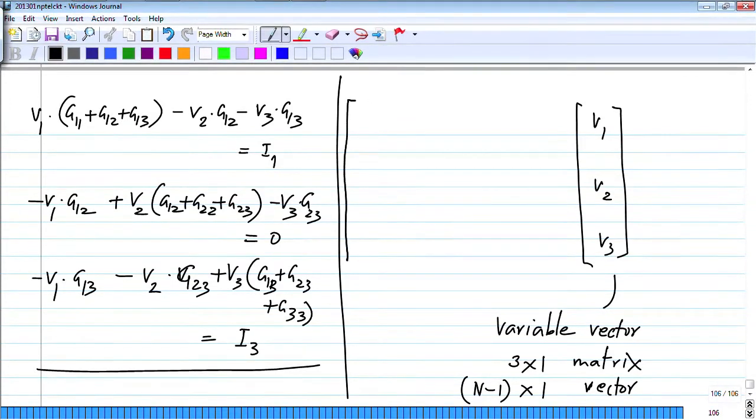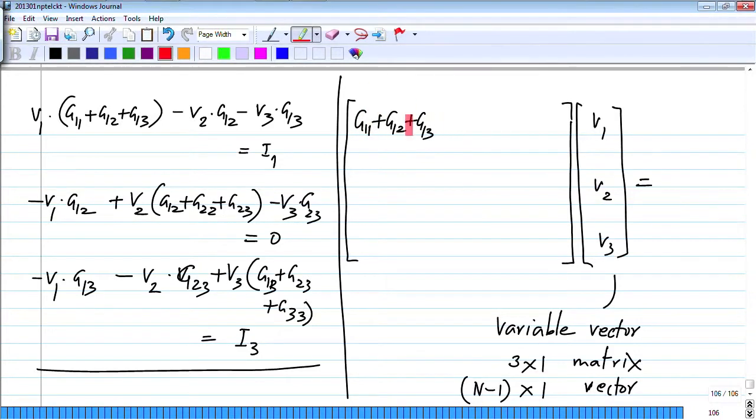and now I will write this whole thing as some matrix times this variable vector equal to the independent source vector. Now what is the matrix? It's nothing but these coefficients which multiply V1, V2 and V3. Okay, so the first element of the first row will be G11 plus G12 plus G13. The second element would be whatever multiplies V2.